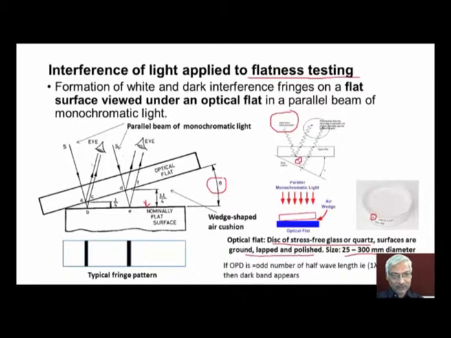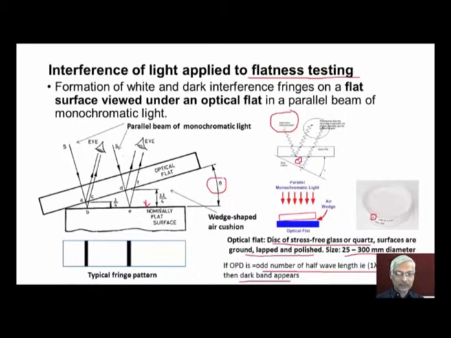Between these two light waves there is an optical path difference of A, B, C. Now if this optical path difference is equal to an odd number of half wavelengths, that is lambda by 2 or 3 lambda by 2 or 5 lambda by 2, like that, then complete destructive interference occurs, and a dark band will appear, which we can observe here. A dark band appears here.